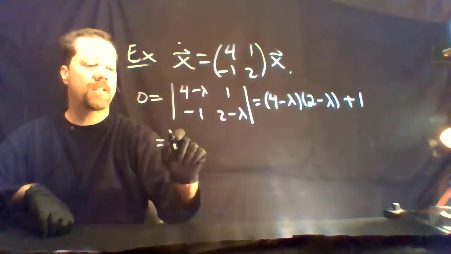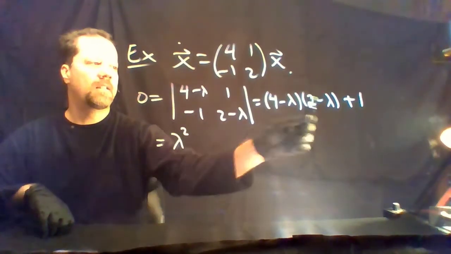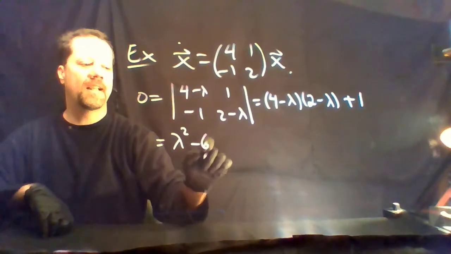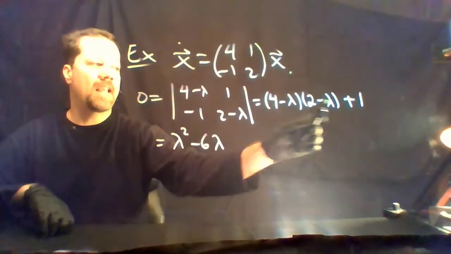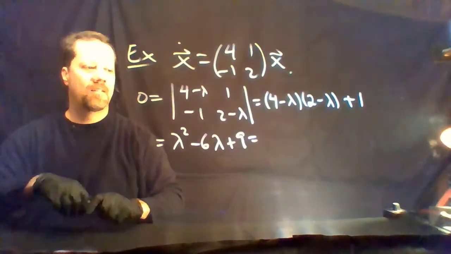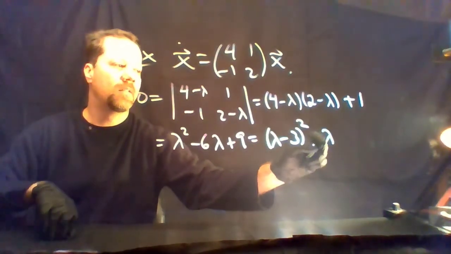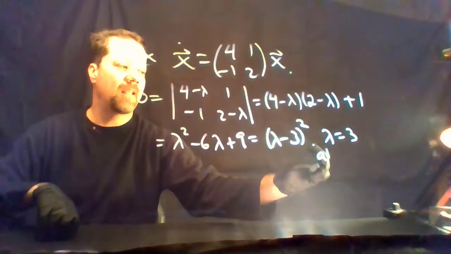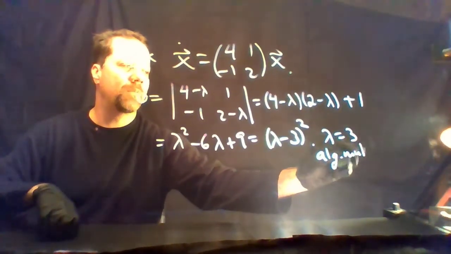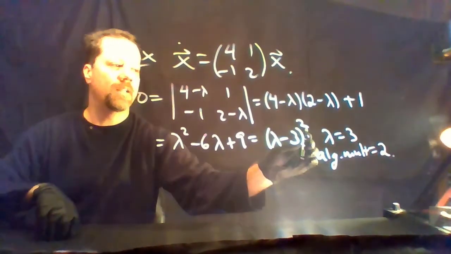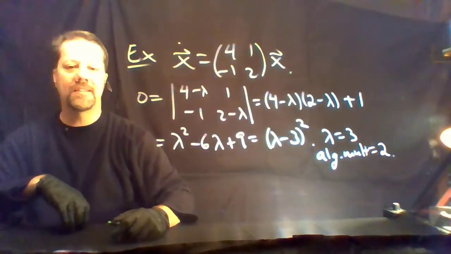We'll have positive lambda squared. Negative 4 lambda minus 2 lambda is negative 6 lambda, and then 8 plus 1 is 9, which immediately gives (lambda minus 3) quantity squared. We get lambda equals 3 with algebraic multiplicity equal to 2 because of the exponent 2 right here.